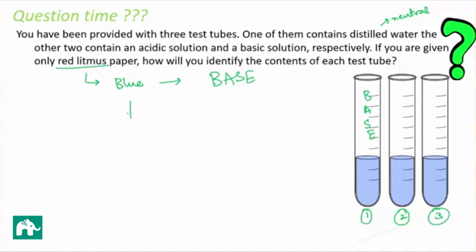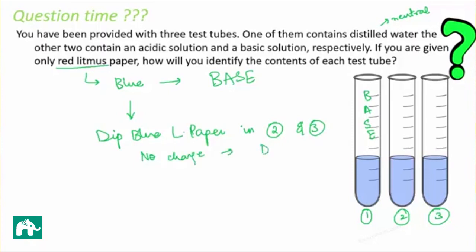Now we will dip this blue litmus paper in 2 and 3. Wherever we see there is no change in color, that is distilled water.